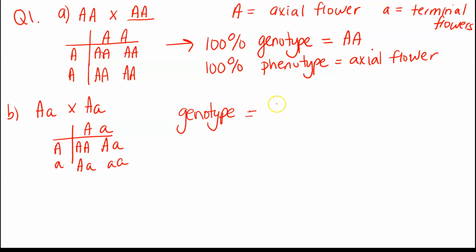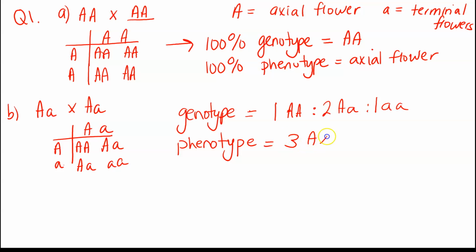It's going to basically be 1 big A, big A to 2 big A, small a to 1 little a. And the phenotype ratio is going to be 3 axial flower to 1 terminal flower, and that is basically your offspring. That's the probability of the genotypes and the phenotypes of the offspring.